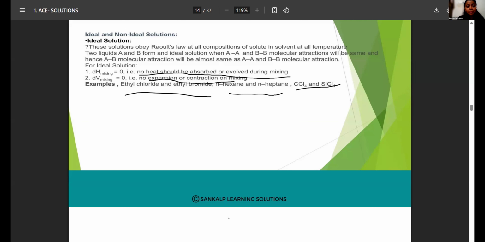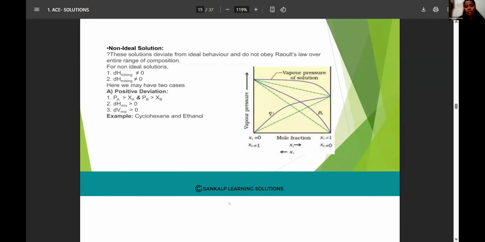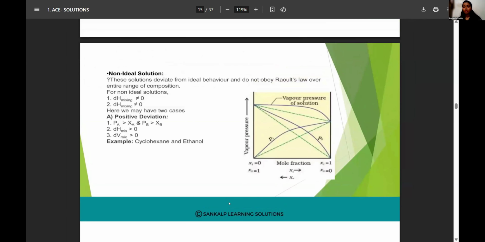Just look into it. I'll directly move on to the next, which is non-ideal solution. And remember, non-ideal solution has two types, which is positive deviation and negative deviation. You understood what is non-ideal solution, which doesn't obey Raoult's law, and in which the enthalpy of mixing of pure components is not 0.